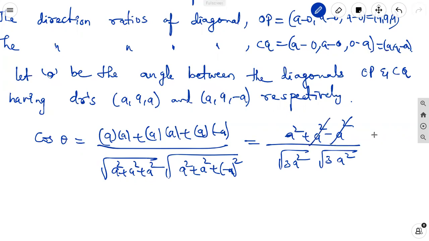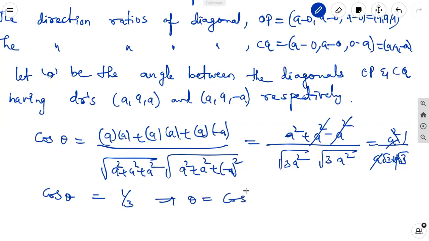One A square cancel, A square by A root 3 into A root 3. A square cancel. Then cos theta equal to 1 by 3. Theta equal to cos inverse of 1 by 3. It is the angle in between of the two diagonals of a cube.